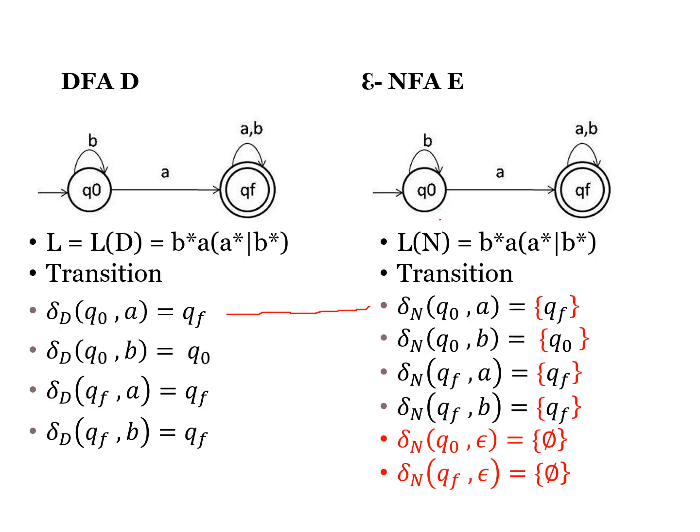So in your NFA, on state Q0 with input symbol a, you go to the set {QF}. That makes the difference. So for each transition, you introduce a transition in the NFA also. Thus, you constructed an equivalent epsilon NFA for the given DFA.